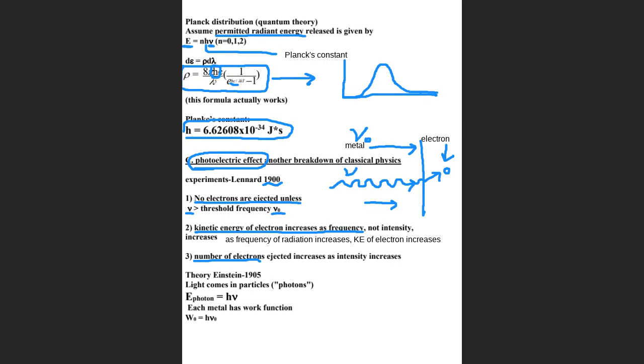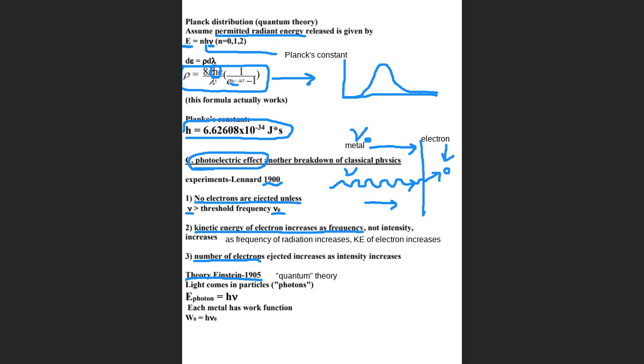The theory which explained the photoelectric effect was put forward by Einstein about 5 years later, and this is actually the thing they gave him the Nobel Prize for. The essence of the theory, which is Einstein's quote-unquote quantum theory, is to give up on the idea of light as a wave, at least partly.